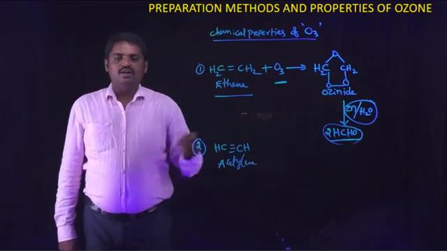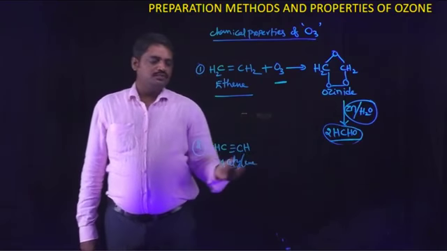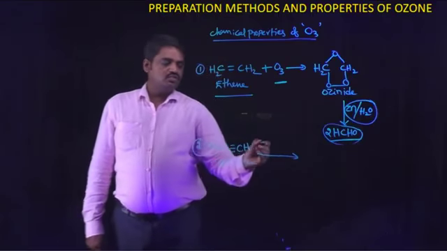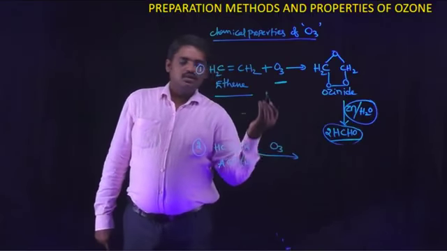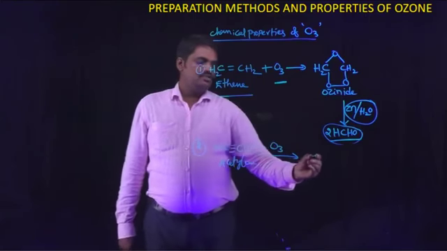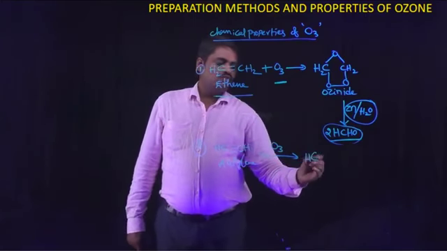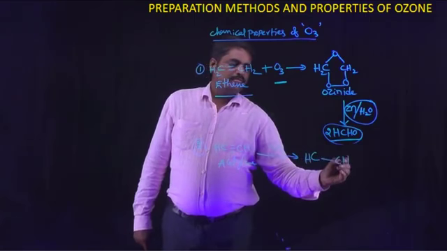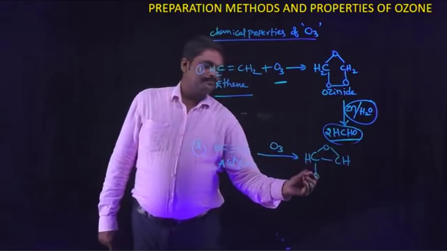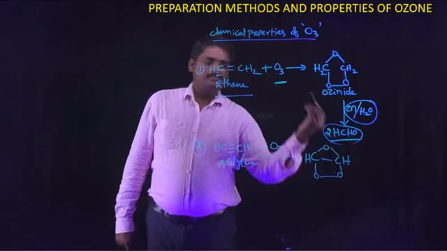Alkyne group molecules like acetylene react with ozone to produce ozonides.